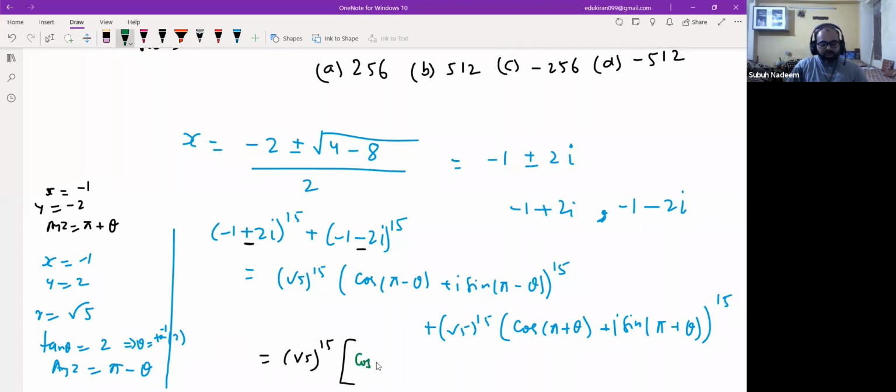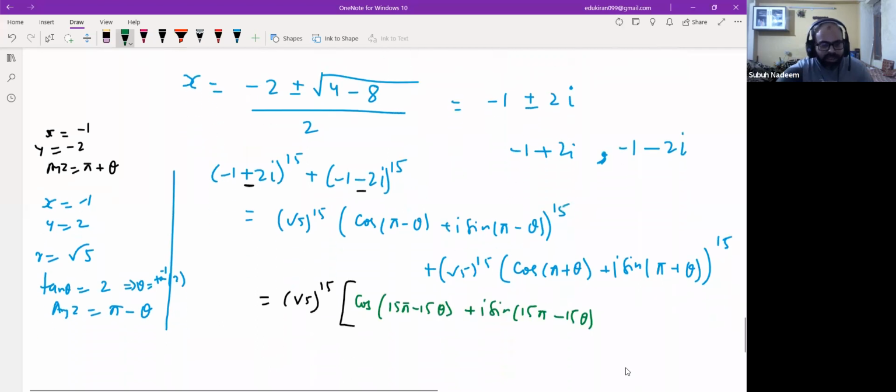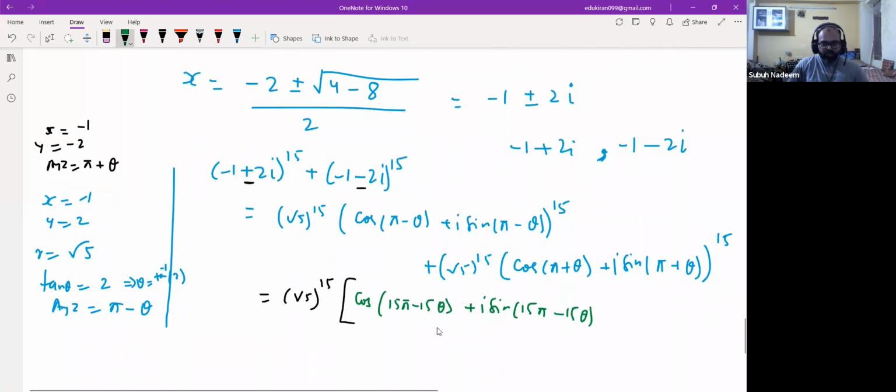So cos 15 pi minus 15 theta plus i sin 15 pi minus 15 theta, and then for the next one plus cos 15 pi plus 15 theta plus i sin 15 pi plus 15 theta.